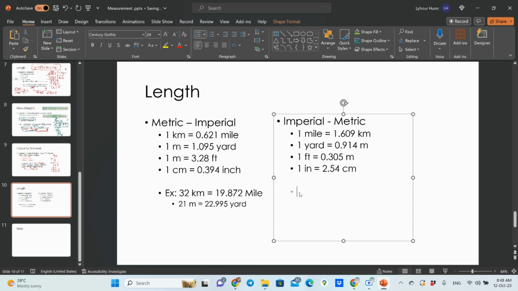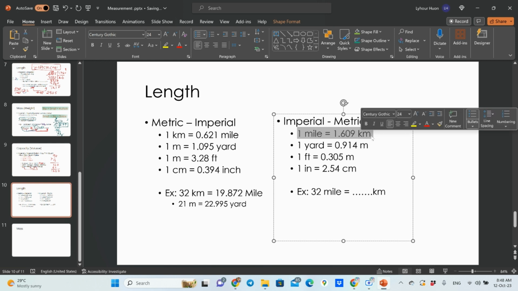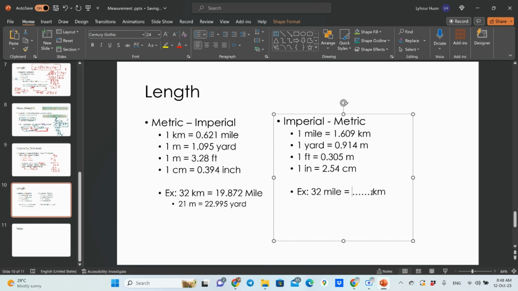For example, if we were asked to convert from 32 miles to kilometers, how do we do it? Mile to kilometer, right? We multiply. Just multiply by 1.609, then you will get the answer.